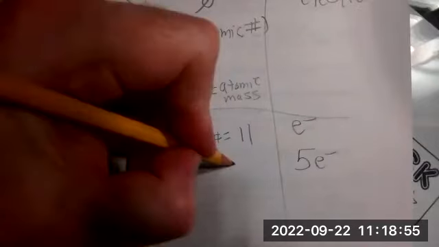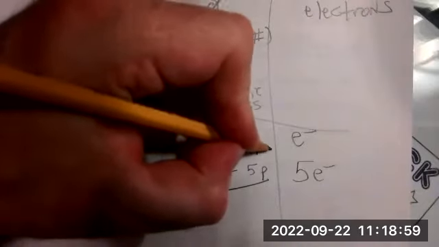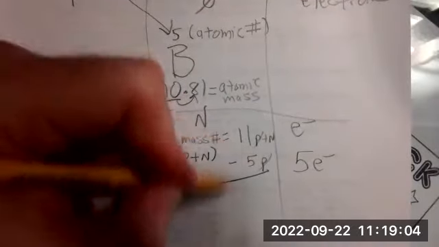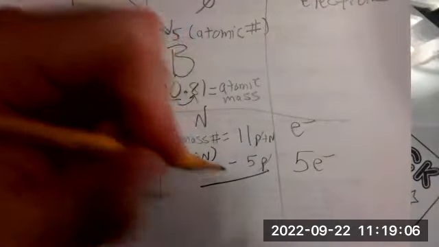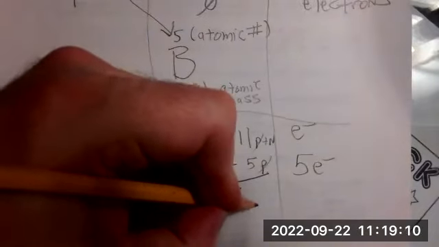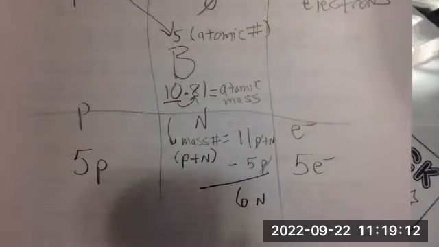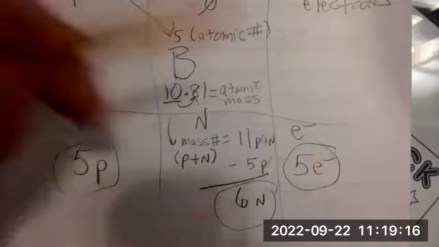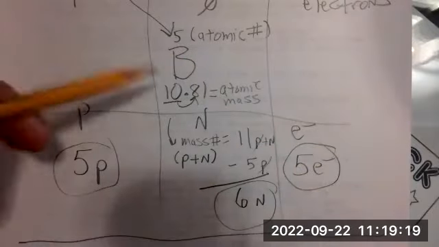So let's take 11 minus 5, which is the number of protons. 11 is the protons plus the neutrons. And when we get rid of the protons by doing the subtraction, what's 11 minus 5? 6? Yeah. 6 neutrons is what we have. So there you go. We have 5 protons, 6 neutrons, 5 electrons, and that is in a neutral atom of boron.